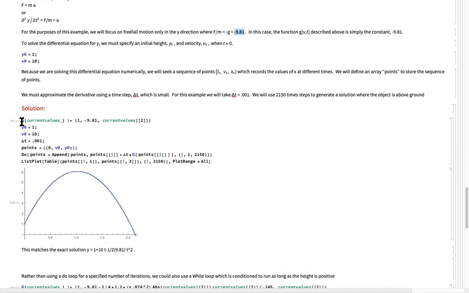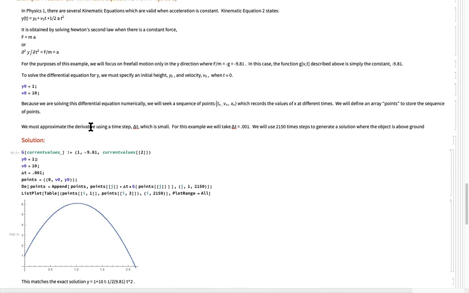And then G has an argument, which was a list, and when I defined G, I called it current values, because I'm using the current values to find the future values. For this problem, the first entry will be 1. That's always the case, because that's how you update time. The second entry is how you update velocity.